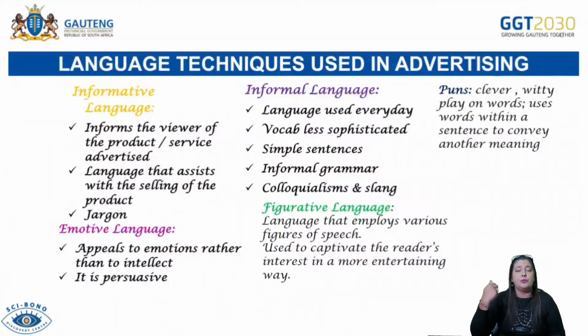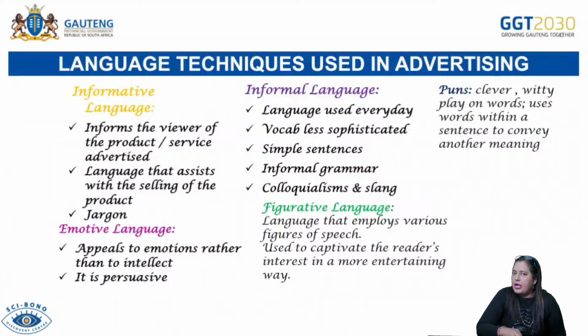So sometimes there could be slang or colloquialism being used. If we're looking at the informative language on the other side, that is language used to inform us as the viewer of the product or service being advertised. So this is where the language assists the advertiser to sell that particular product.